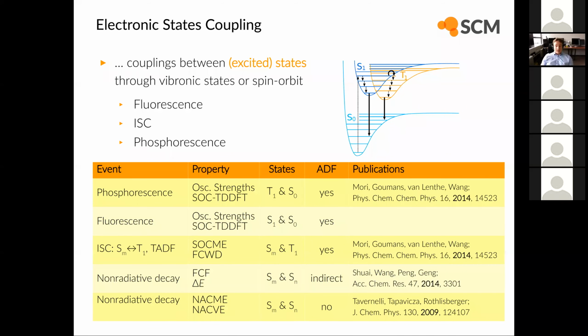And ADF provides a lot of different tools to calculate these phenomena, and they usually translate down into different kinds of couplings. So this might be either the coupling between the different states and their vibrational substates. It might be spin-orbit coupling effects, and these are all the things one needs to be able to describe in order to get a proper result.